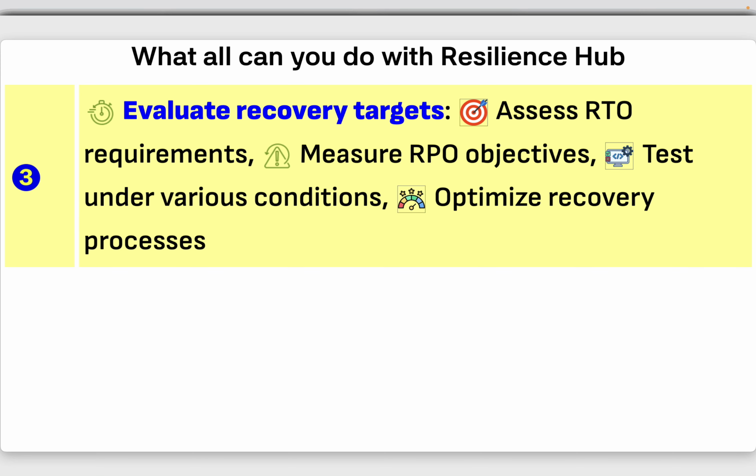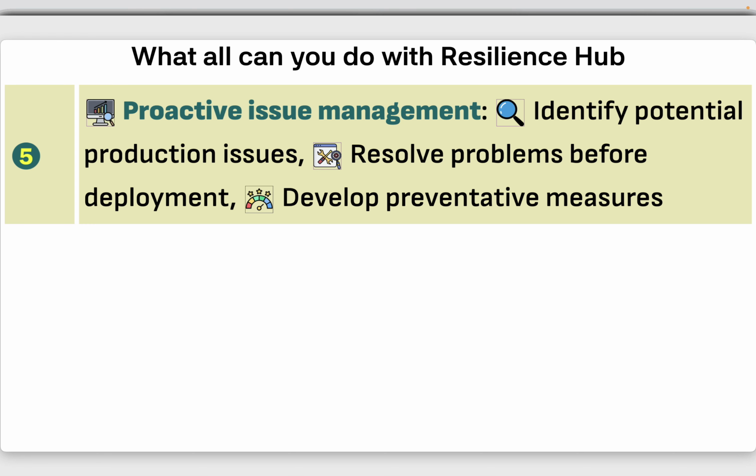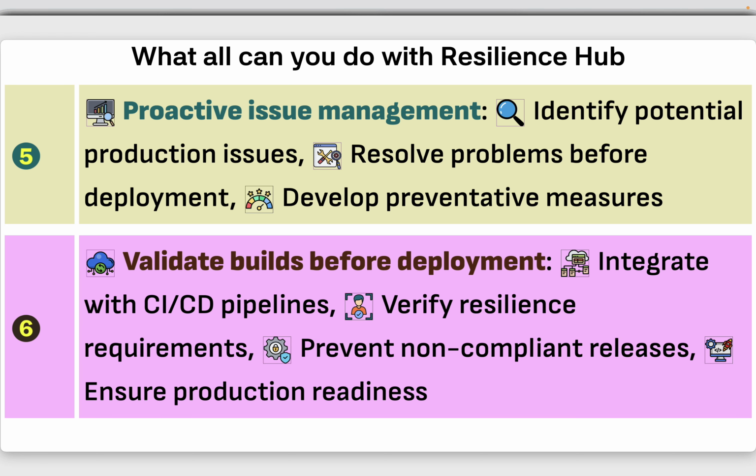You can evaluate recovery time objective and recovery point objective targets under various conditions to optimize recovery. You can enhance business continuity while reducing recovery cost. You can proactively identify and resolve potential production issues. You can integrate AWS Resilience Hub into CI/CD pipelines to validate builds before production releases.